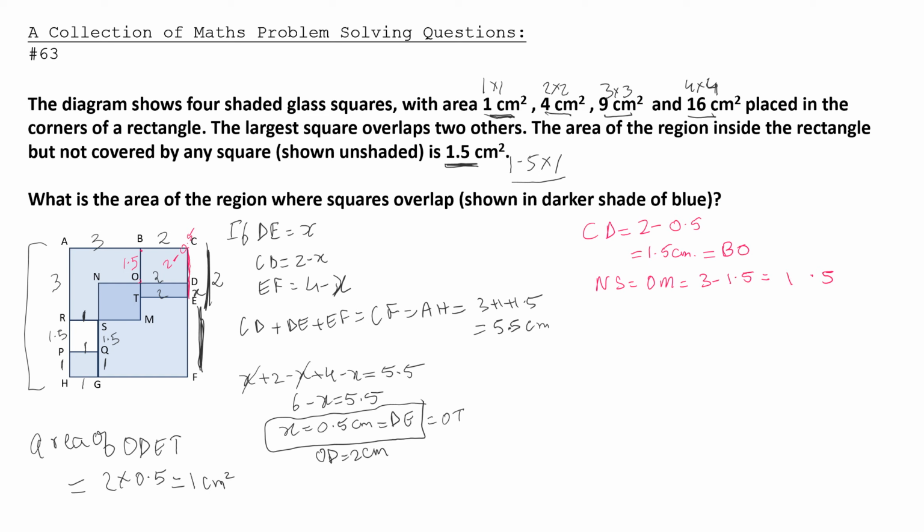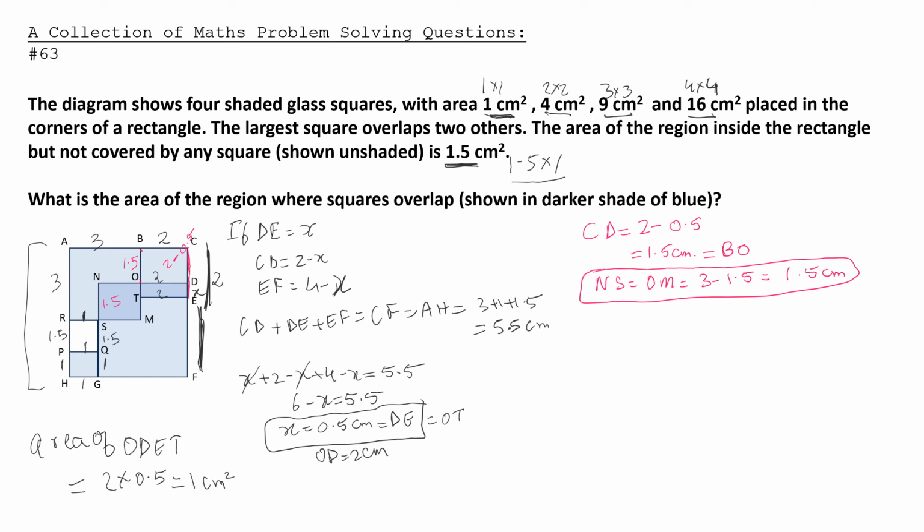NS is 1.5 centimeters. So therefore OM is also 1.5. So I know one of the sides of the rectangle NOMS. So this I found out is 1.5. I need to find out the other side, that is ON.